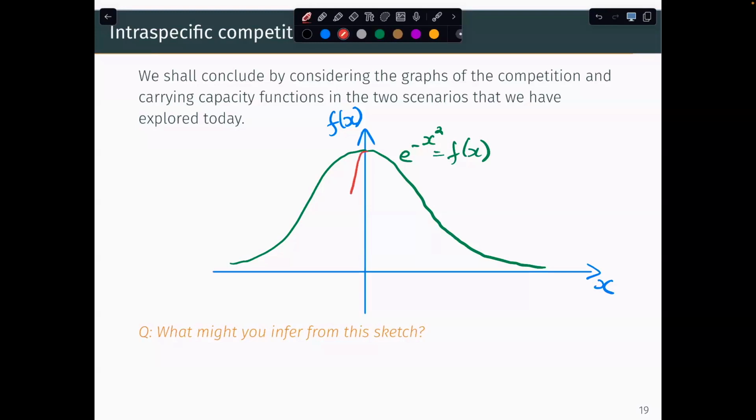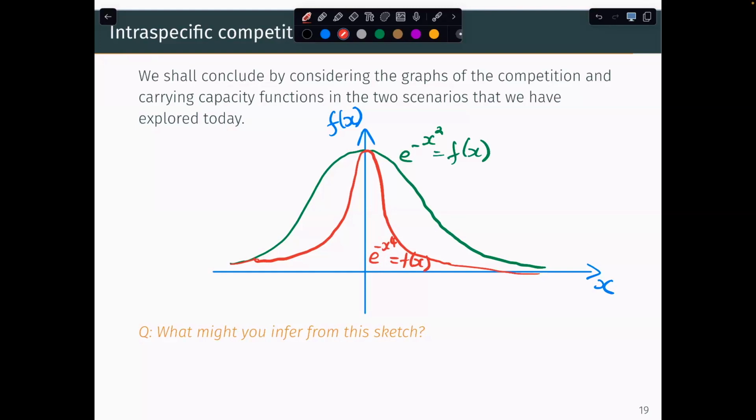And then in the second scenario, if we look at e to the minus x to the 4 as our function, when we set our competition function to be like this, it's basically saying competition is strong between phenotypes that are very, very similar, but a tiny bit of divergence away from this means that competition goes towards 0 very quickly.